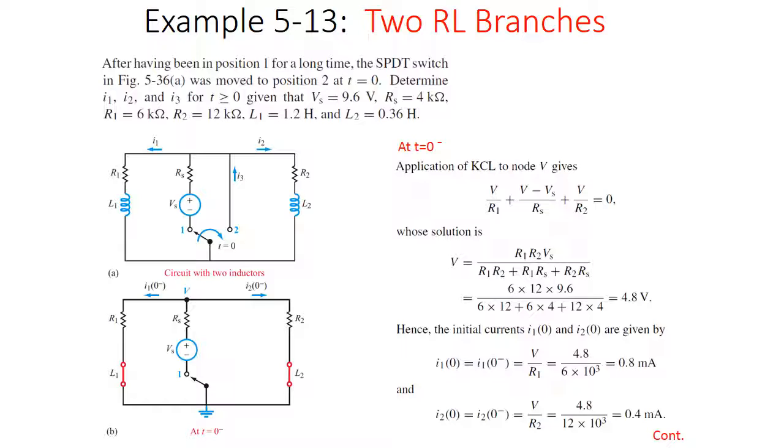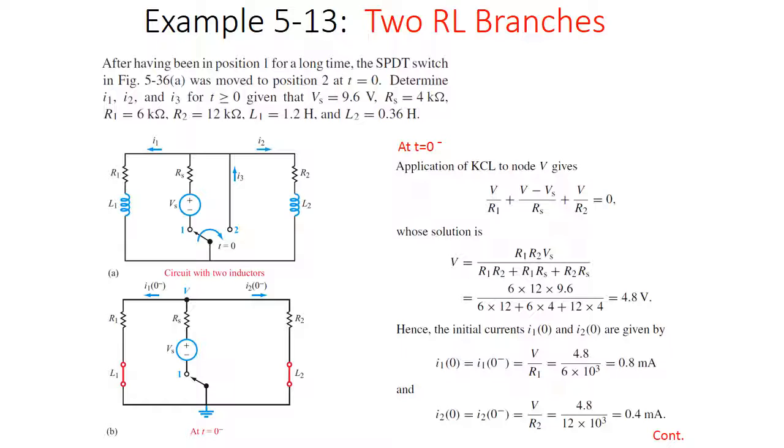That gives us V equals IR, so I plus I plus I, the same thing that we did before in nodal analysis. We're going to be able to solve that to determine the voltage at that node. And if we solve through the math, it's going to be 4.8 volts.